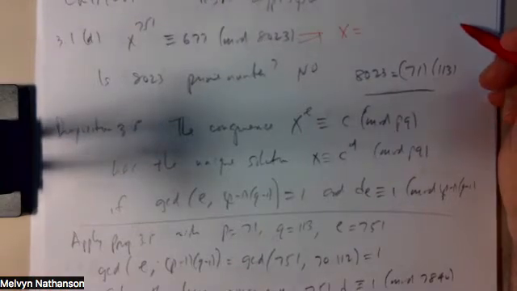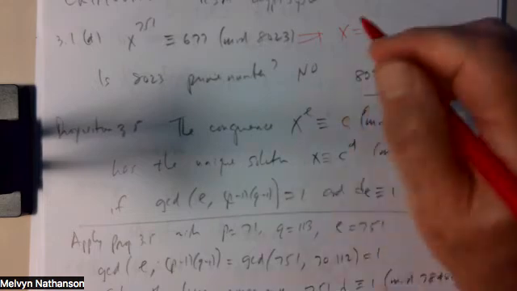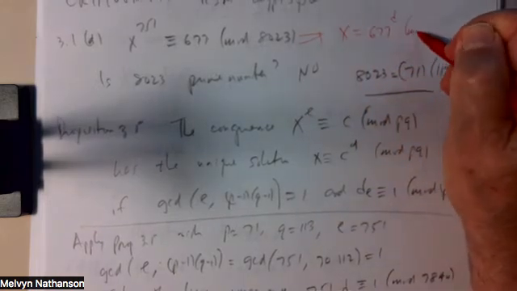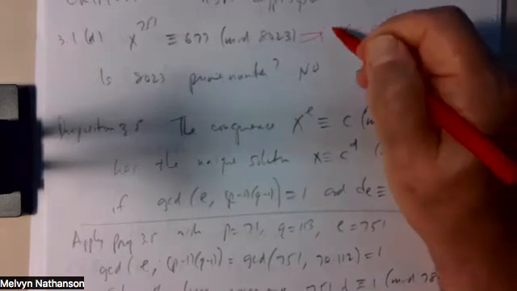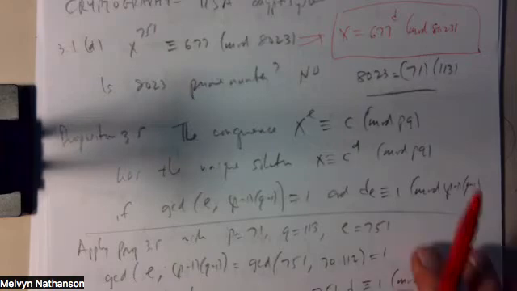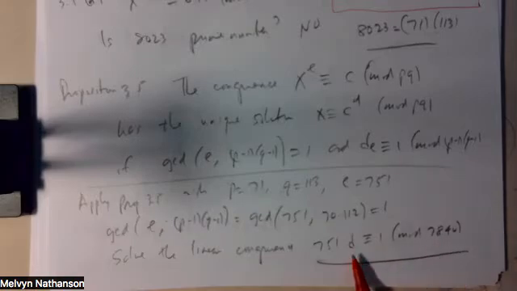(677) raised to the power D mod 8,023. So if I apply the Euclidean algorithm to these two numbers, I can find D, but that's just a calculation that would take 10 or 15 minutes or more right now.